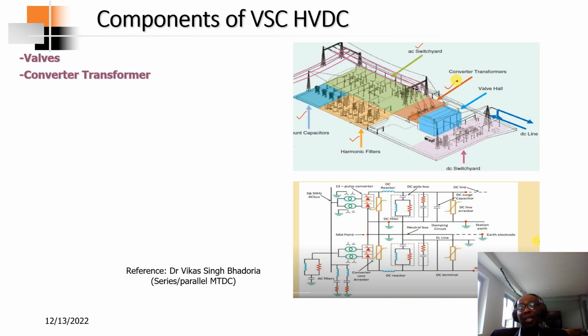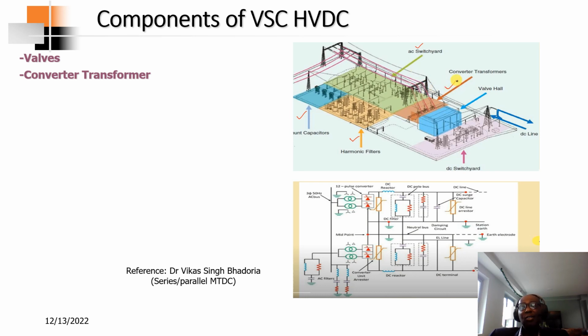And also we have harmonic filters. Remember, I made mention that these power electronics converters produce harmonics when they operate. So you require harmonic filters to filter all these harmonics.